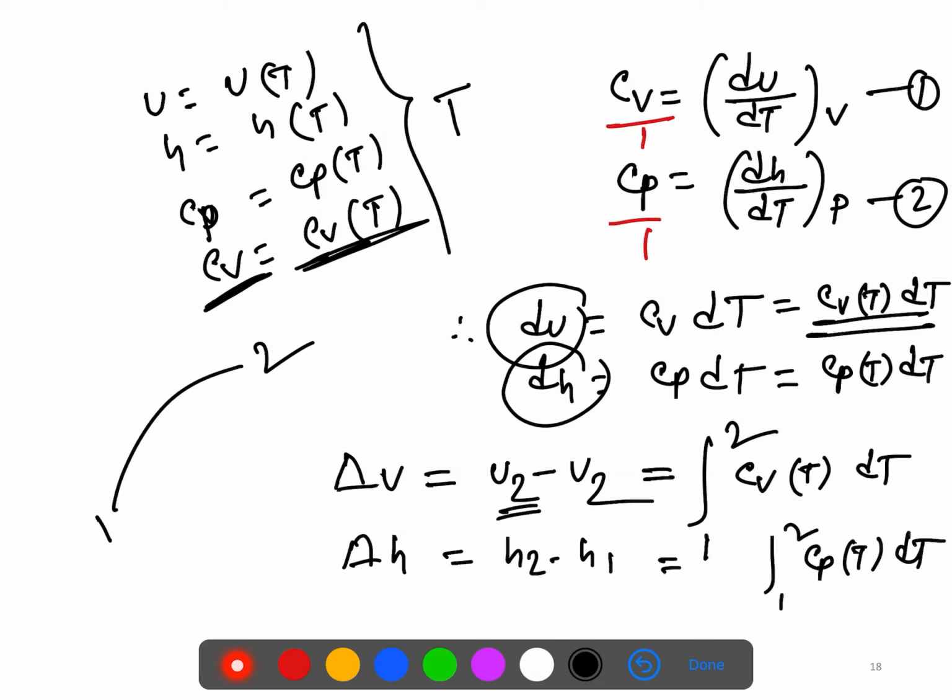So you can see the relations here. This is actually not delta v, it is delta u. We can calculate the change of the internal energy by doing this integration between states 1 and 2. So we found relations between internal energy and specific heat, enthalpy and specific heat, and temperature. We can easily do all of these calculations by using this formula.